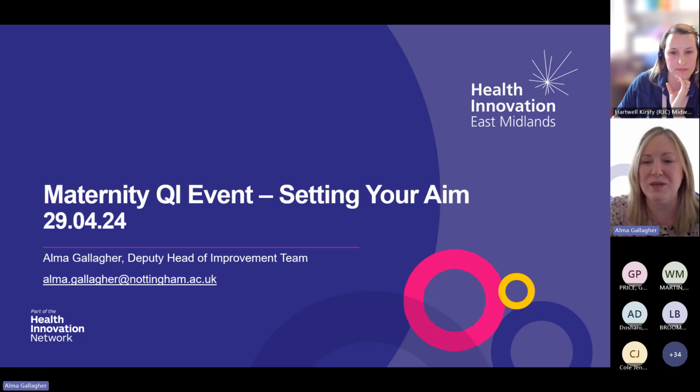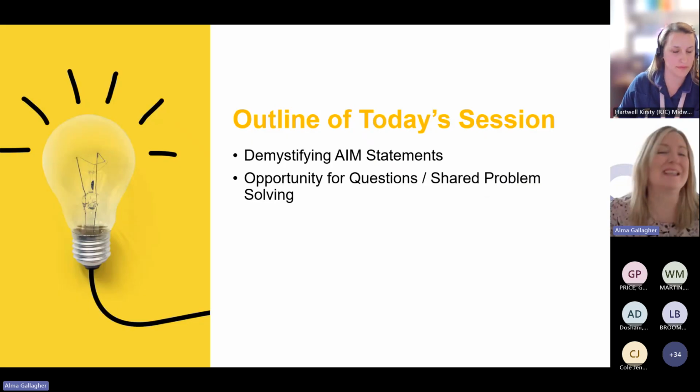It's great to have so many people involved and thinking about QI in their work, because ultimately quality improvement is everybody's business. What I was hoping to talk through today is to try and demystify aim statements. We can sometimes get burdened down by technical language, and it can become a bit of a barrier.